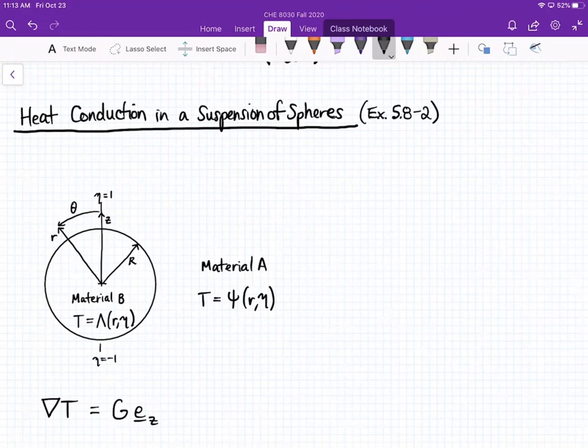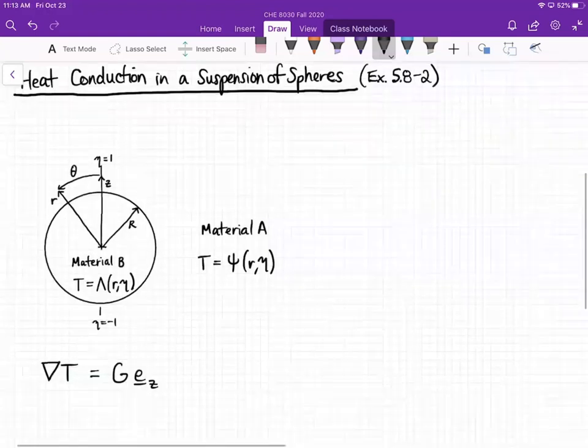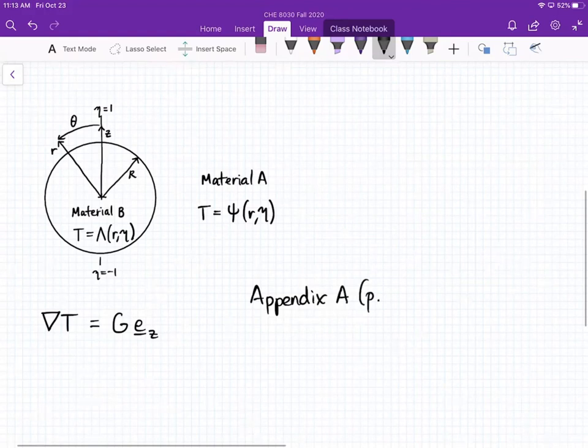To make this transform, what I need to do is go in the back of my book. I need to go to Appendix A, and that is on page 632, where I'm going to pull this identity.